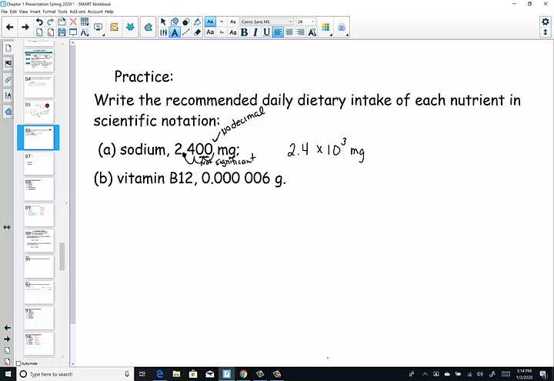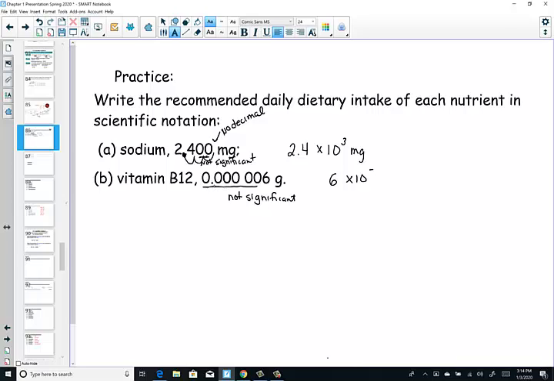Vitamin B12, all kinds of leading zeros here that are not significant. And so when we report our answer, we can only have one significant digit, the number 6. I know that this exponent is going to be negative because this is a very tiny number.